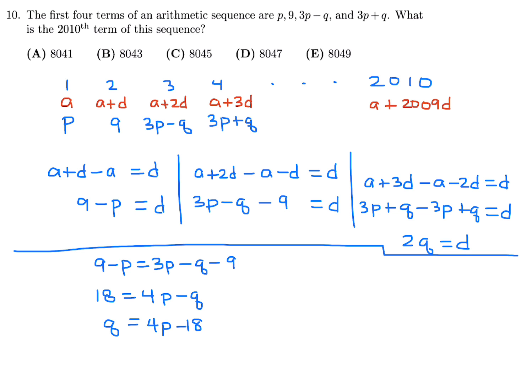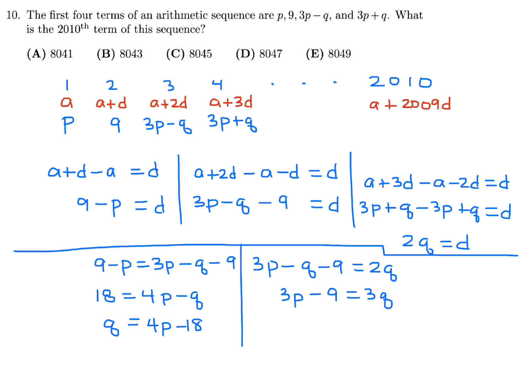Okay, I think we're getting close. Now the next one, obviously I'm going to set this equal to this since they are both equal to d. So 3p minus q minus 9 is equal to 2q. And that means that 3p minus 9 is equal to 3q.